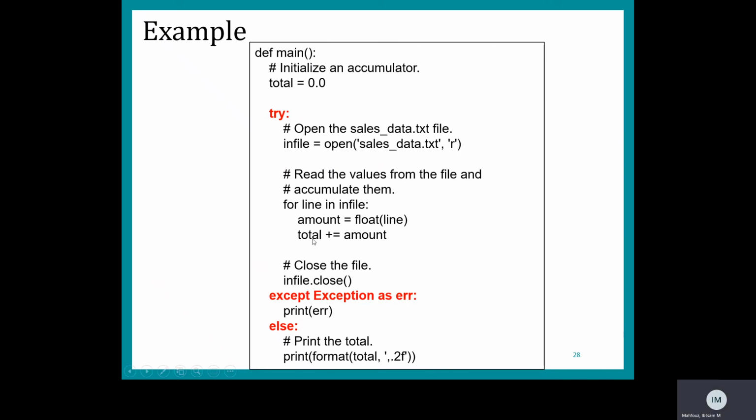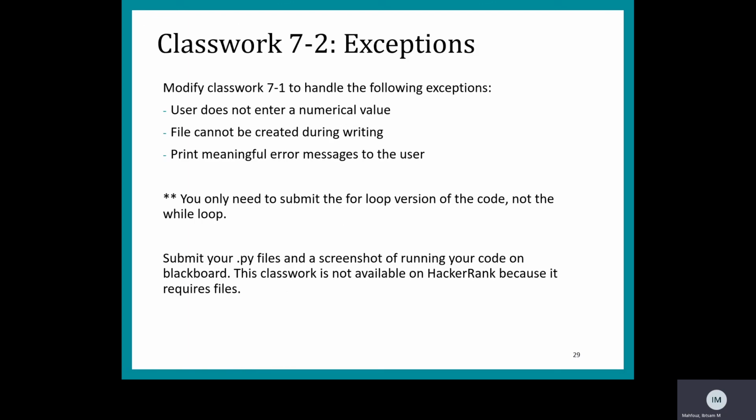If everything succeeds and no exceptions happen, then I'm going to print the total. So this else clause will only happen if no exceptions occurred. If an exception occurs, it prints the error message. If no exception occurs and everything is good, then it's going to print the total formatted to 2 digits after the decimal. Okay, so that was it for exceptions.